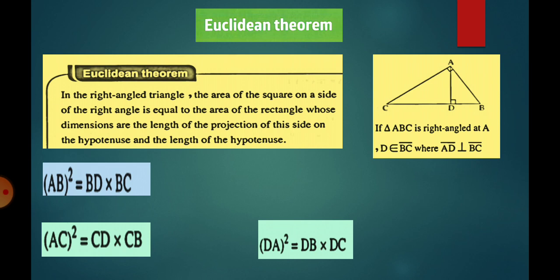Then the product of the two sides of the right angle equals the length of the hypotenuse times the length of the perpendicular from the right vertex. So BC times AD equals AB times AC, and AD equals AB times AC over BC. We can find AD by AD power 2 equals DB times DC, or AD equals AB times AC divided by BC.